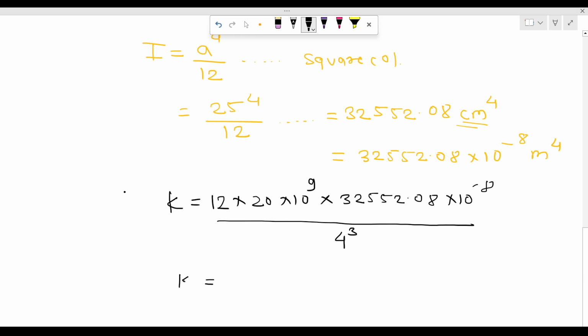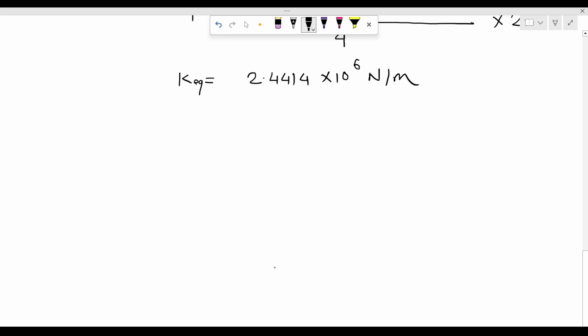So we will get the value of K, okay, or we can multiply it by 2 so that we will directly get the K equivalent. So K equivalent will be 2.4414 into 10 raised to 6 Newton per meter, right? So this is our K equivalent.